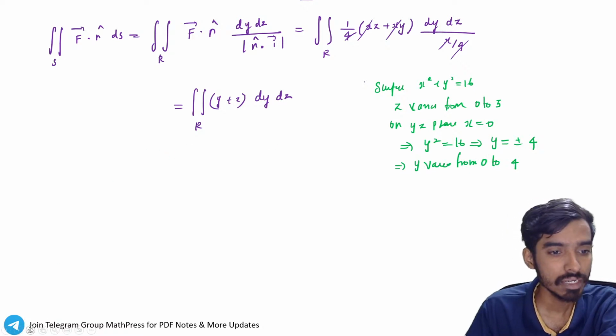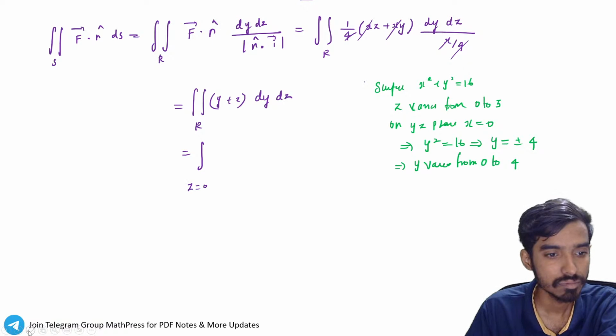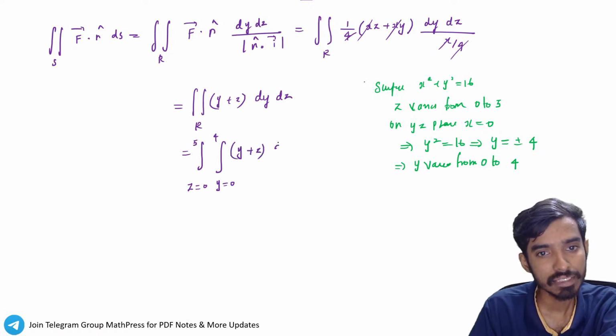So therefore this integral will be integral of z varies from 0 to 5, y varies from 0 to 4, y plus z dy dz, right?